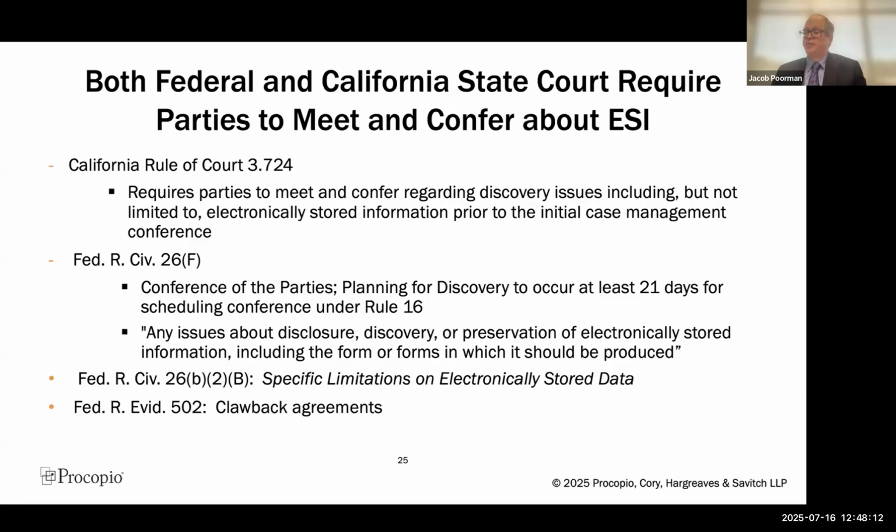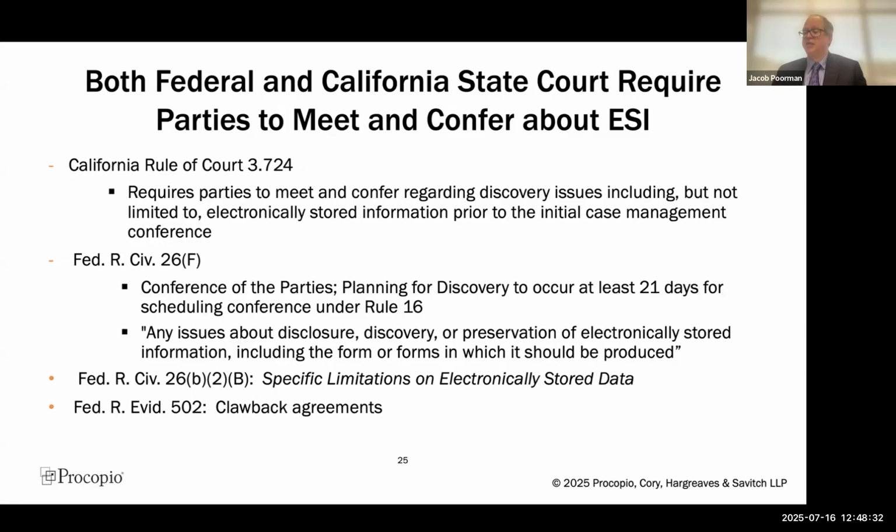Any difficulties related to preservation, such as the burden involved in preservation, are also discussed. Under Federal Rule of Civil Procedure 26(b)(2)(B), a party need not provide discovery of electronically stored information from sources that the party identifies as not reasonably accessible because of undue burden or cost.